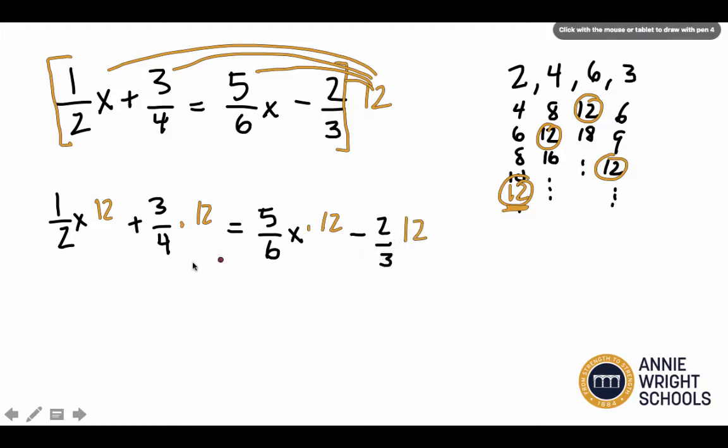At this point, you want to simplify each one of these. 1/2 times x times 12. 2 goes into 12 6 times, and I get 6x.